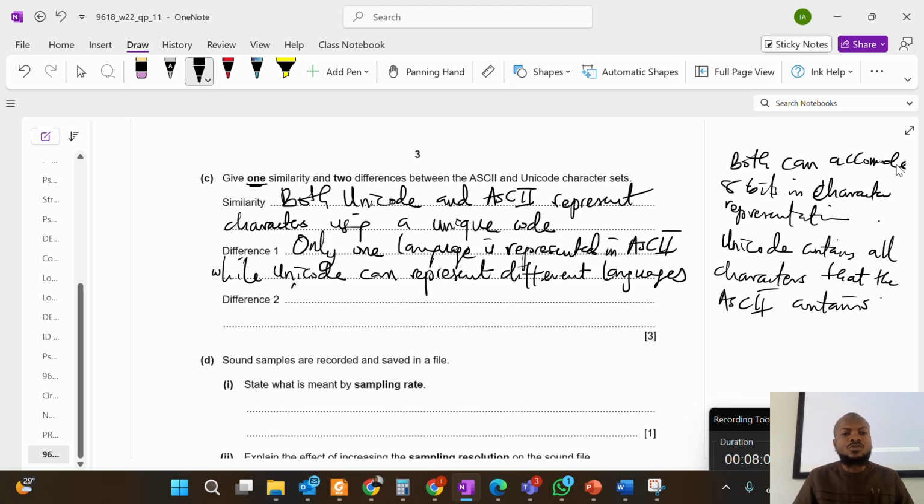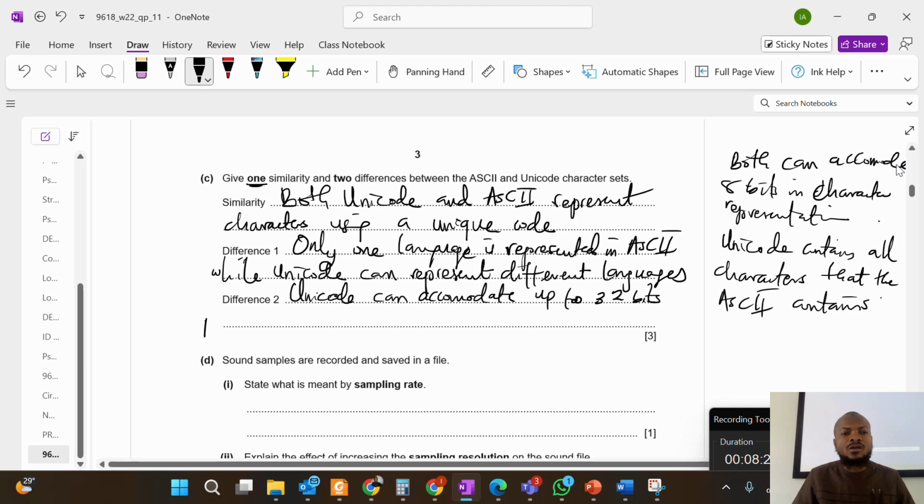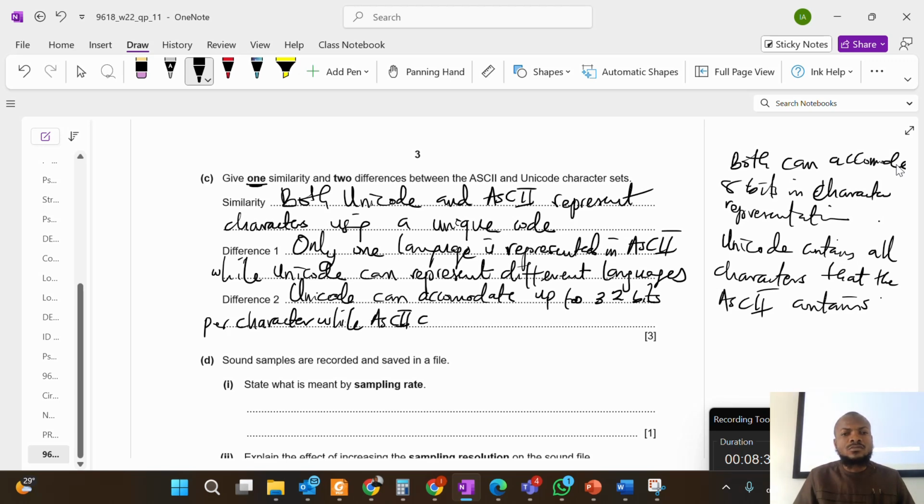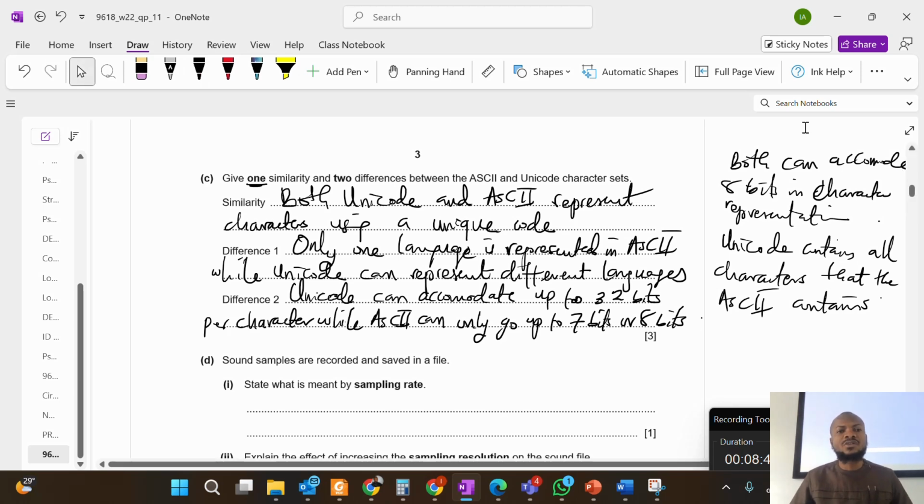So Unicode can accommodate up to 32 bits per character, while ASCII can only go up to 7 bits or 8 bits. Okay, so these are the similarities and differences between ASCII and Unicode character sets.